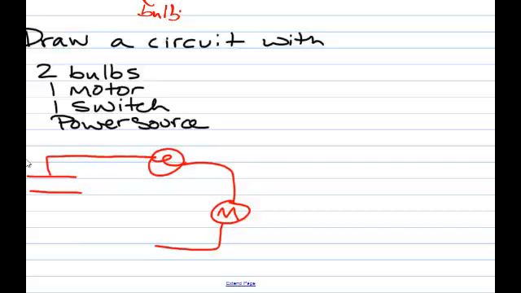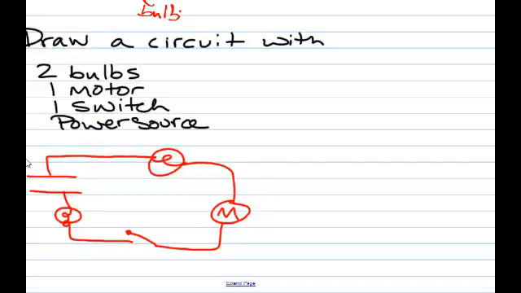And then you would have a switch. And then that bulb. And then back to our power source. Okay. 2 bulbs, a motor, a switch, and a power source.